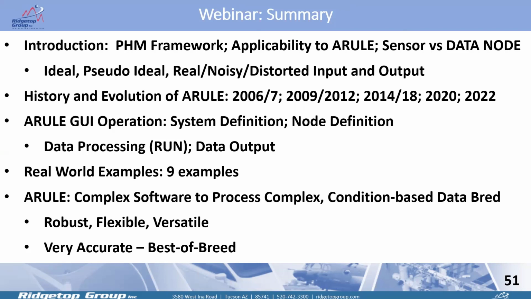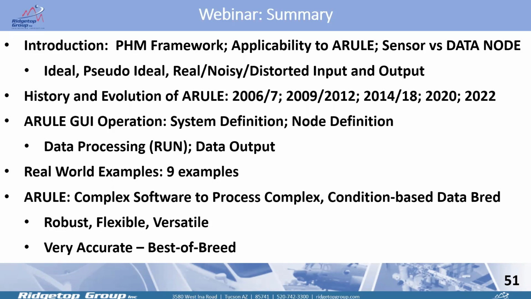There has been 16 years of continuous improvement in accuracy, flexibility, and robustness of our ARULE, including our ARULE GUI operation, which provides a wrapper, if you will, to assist in a user-friendly manner with creation and maintenance of system and node definitions, and also how to run the data.